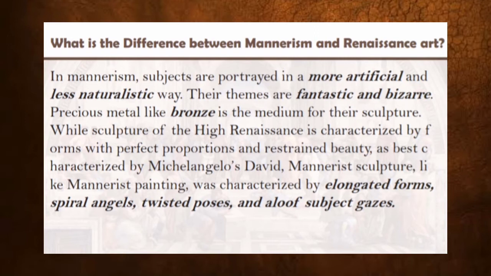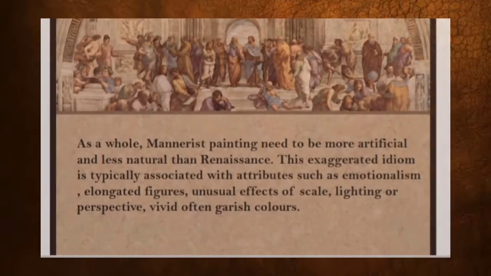Precious metal like bronze is the medium for their sculpture, while sculpture of the High Renaissance is characterized by forms with perfect proportion and restrained beauty, as best characterized by Michelangelo's David. Mannerist sculpture, like Mannerist painting, was characterized by elongated forms, spiral angles, twisted poses, and aloof subject gazes.